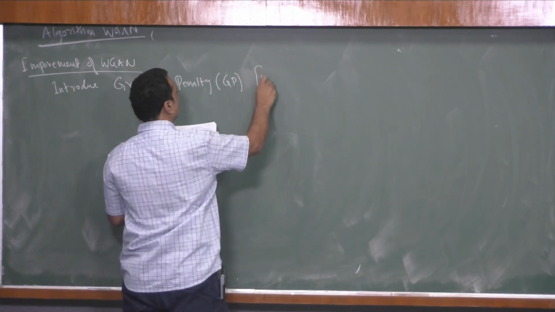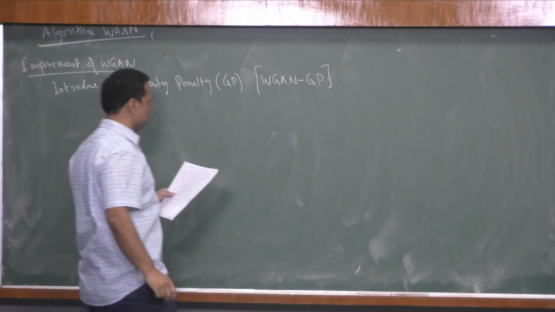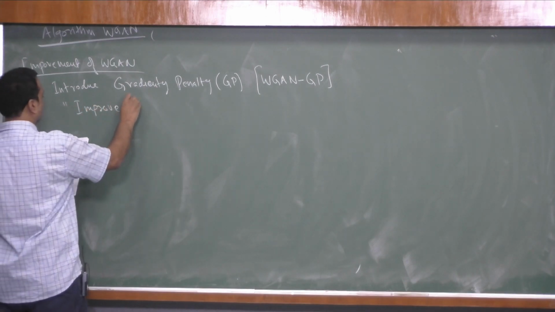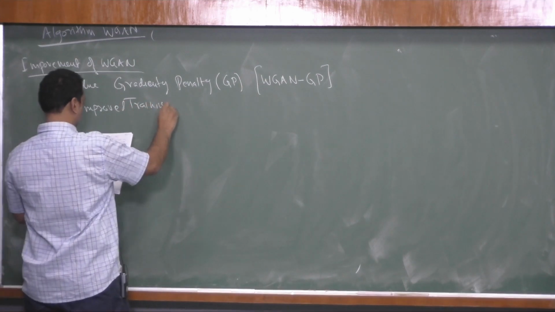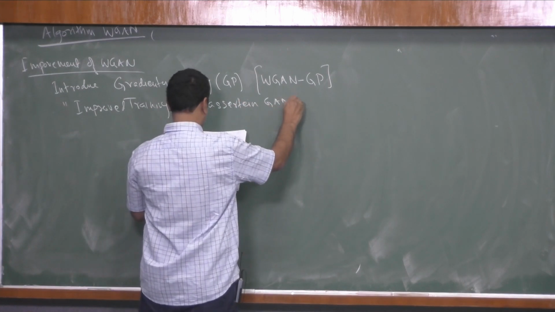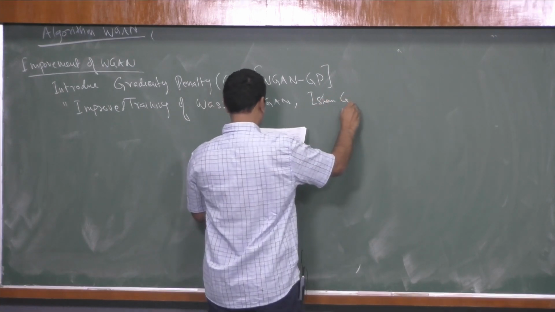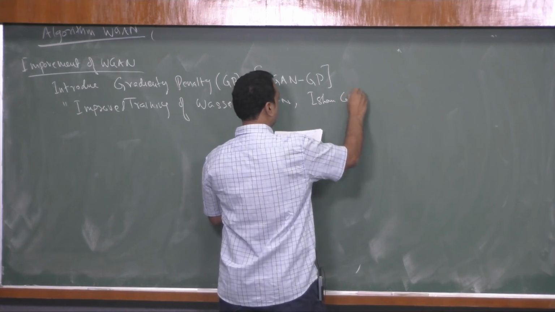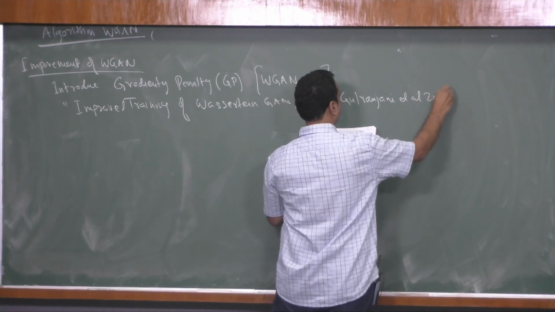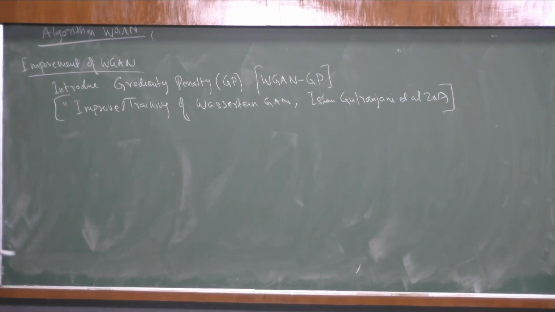Hence the most stable WGAN that people use is called WGAN-GP. It was introduced in the paper Improved Training of Wasserstein GANs, by Gulrajani et al., 2017.